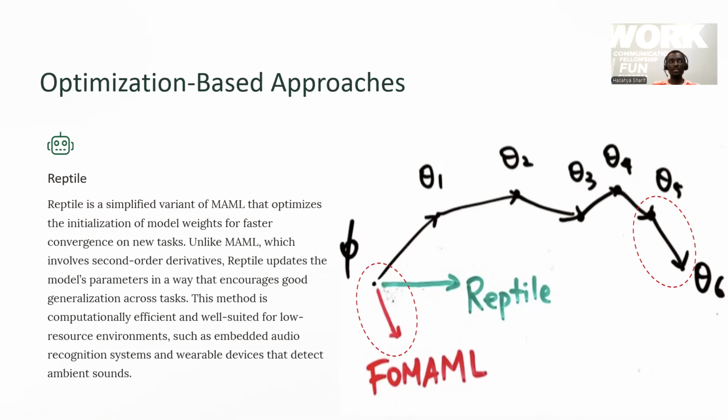Then, for instance, theta 1, theta 2, theta 3, and so on, those are the various samples the model keeps on training. And then it moves the model weights towards the new parameter. So each time we train theta 1, we then move its model weight to theta 2.